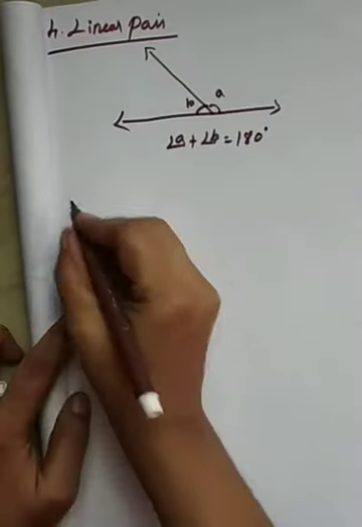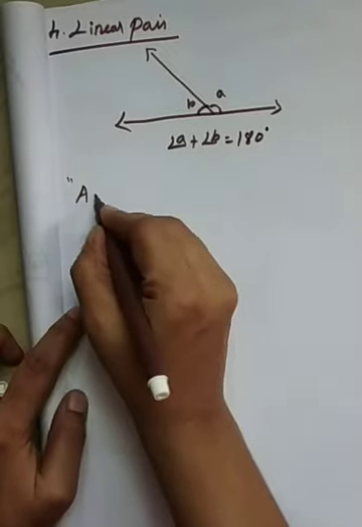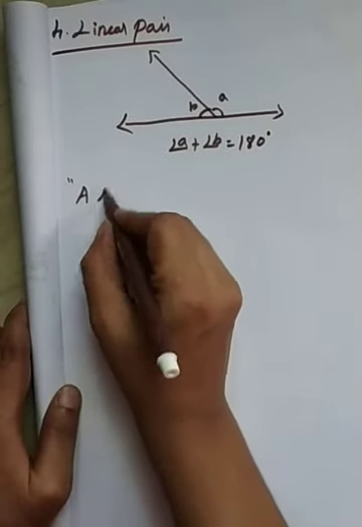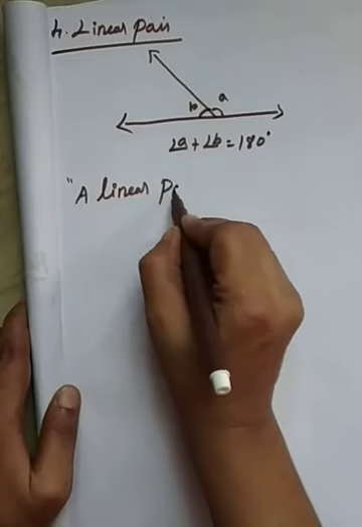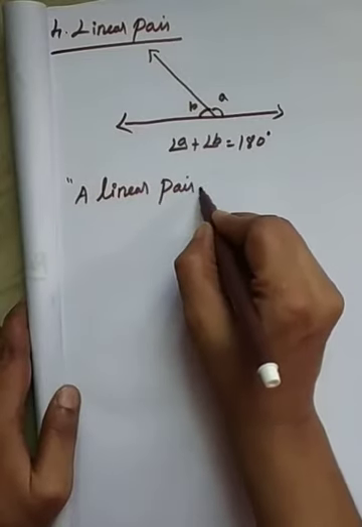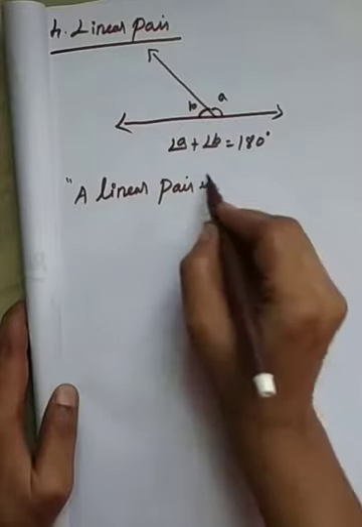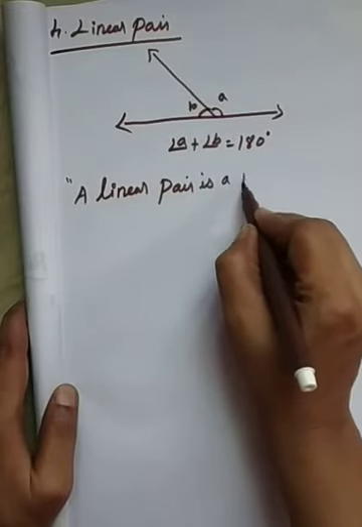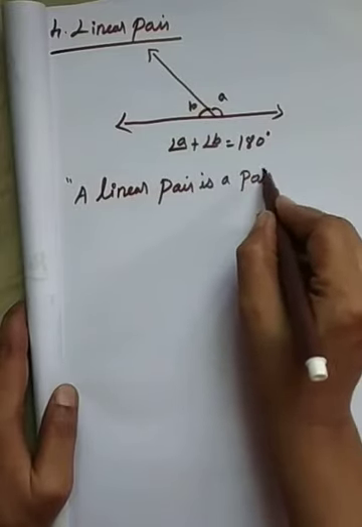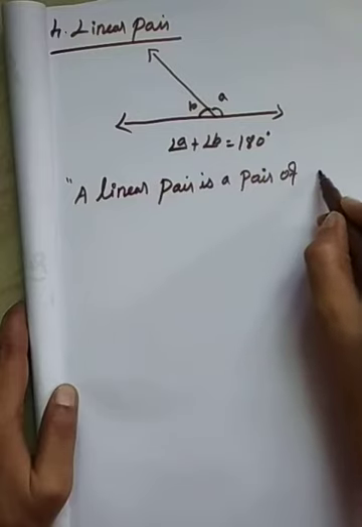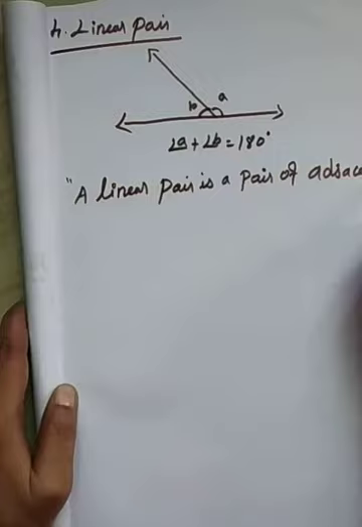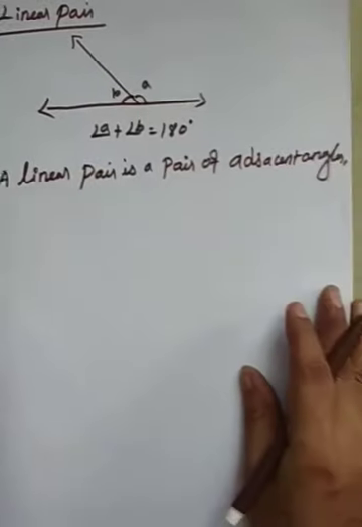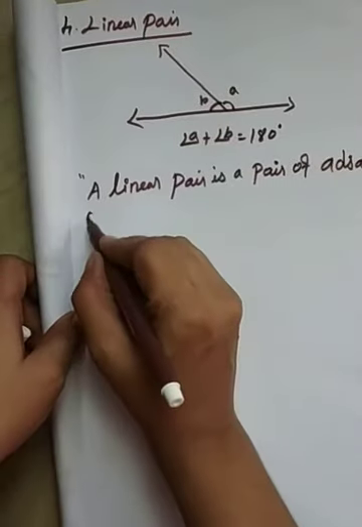A linear pair is a pair of adjacent angles which are supplementary.